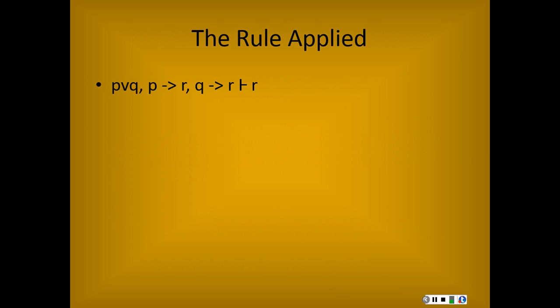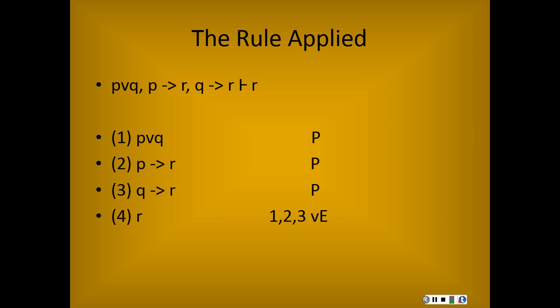So here is the sequent that I claimed is self-evidently valid. P or Q, if P then R, if Q then R, therefore R. So we start out, as always, by writing down our premises. Now that we've got P or Q on one line, and the conditional if P then R on another line, and the conditional if Q then R on yet another line, the rule of disjunction elimination allows us to infer R. Because we have P or Q on line 1, and we have on line 2 a conditional that has one of the disjuncts of the disjunction that we have on line 1 as its antecedent, with R as the consequent.